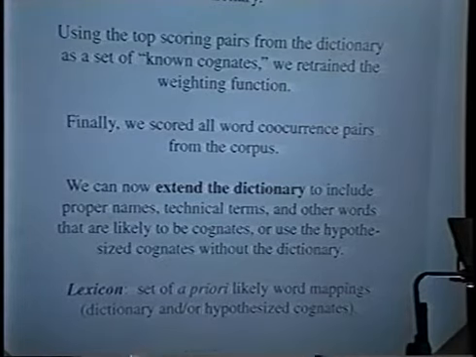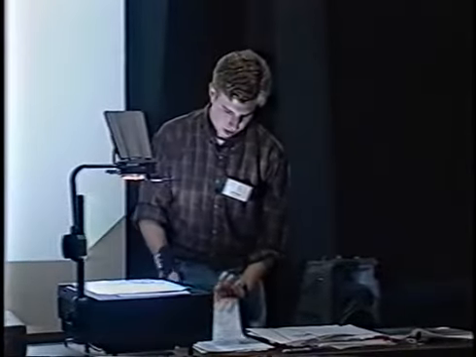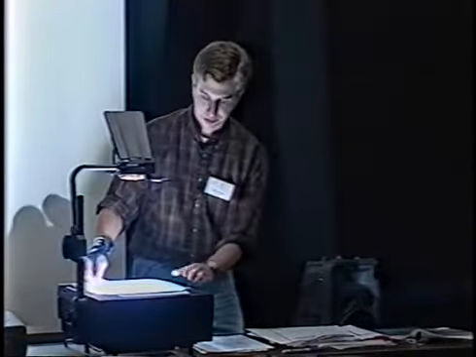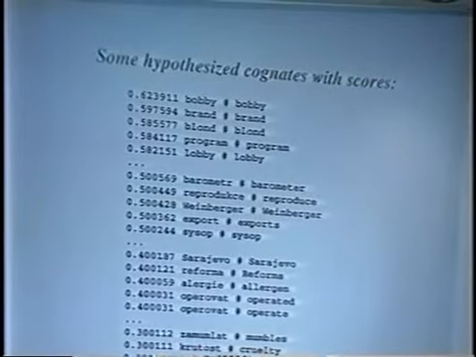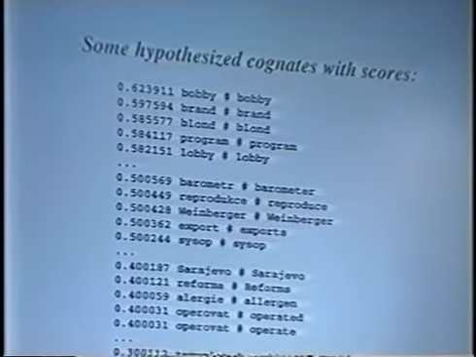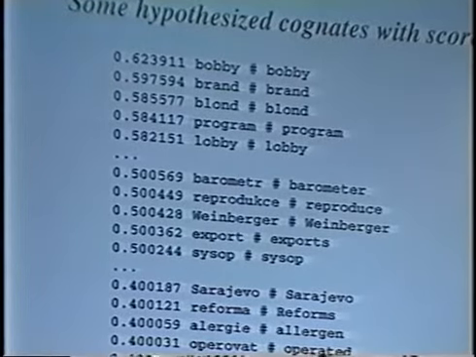So we came out with something on the order of 1 million cognate pairs ranked from a score of about 0.6 down to about 0. And here they are at different intervals. You can see at the top, they're exactly the same, and as you move down, you'll notice at about 0.3, intuitively, they're not cognates anymore.